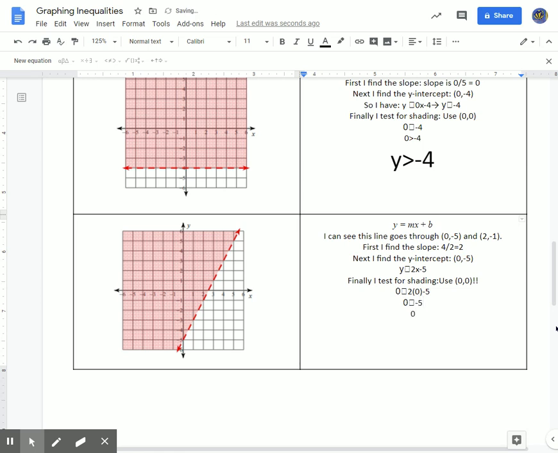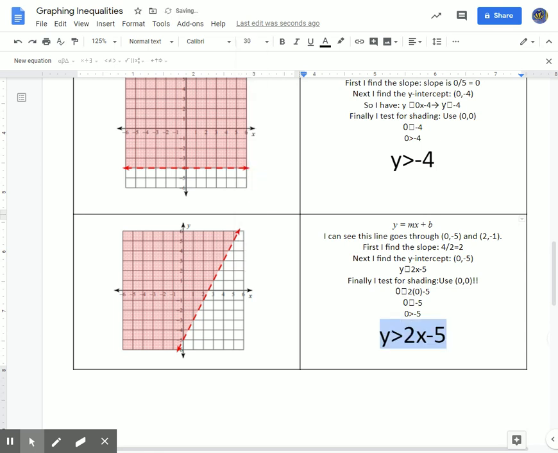Well, 0 is bigger than -5, so I need to use a greater than symbol. So what's going to happen is I get this equation here, but I am going to replace the little box thing with greater than. And that's my answer.